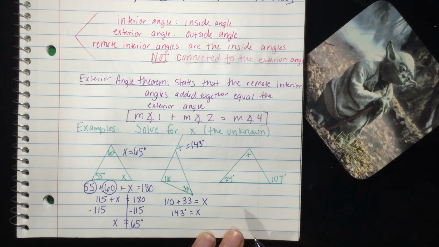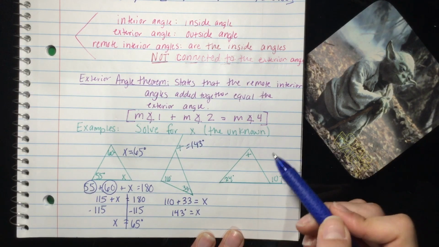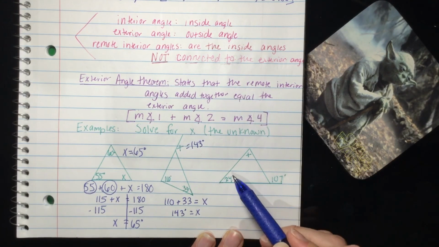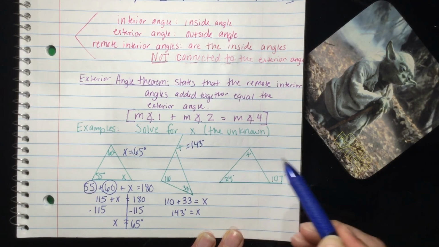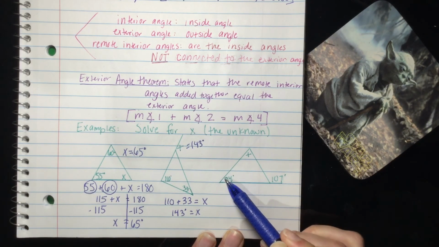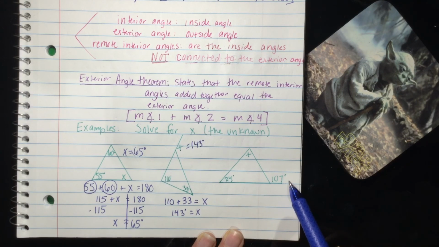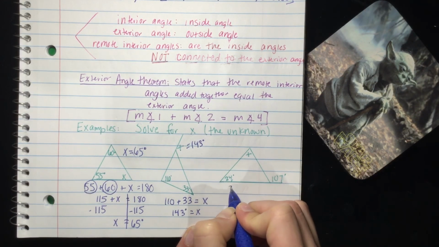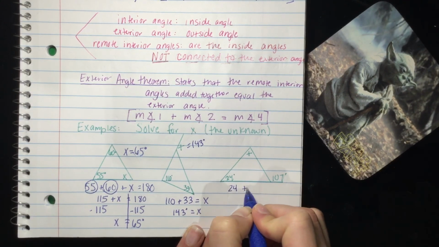If you just want to follow along, think about what the exterior angle theorem states. If you add these two together, it's going to equal the exterior angle. Adding the two remote interiors equals the exterior. So when we add it up, it's going to be 24 plus what?